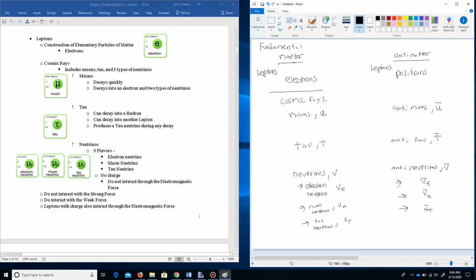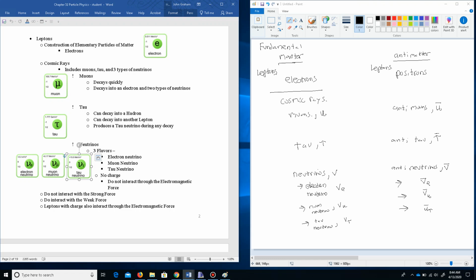Now, electrons are -1 charge and half spin. Muons are -1 charge and half spin. Taus are -1 charge and half spin. And then neutrinos are 0. So really there's only two possible charges for matter leptons, -1 or 0.